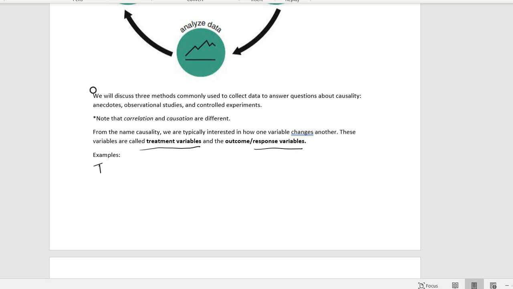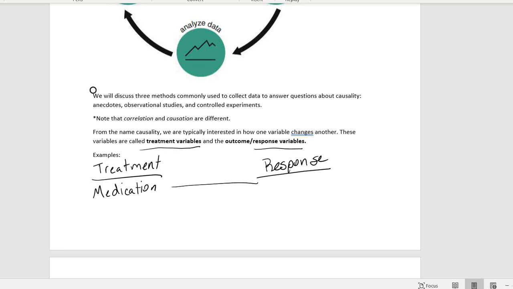A treatment variable and response variable, or outcome, could be the following. We are looking at how different medication has a response to pain.